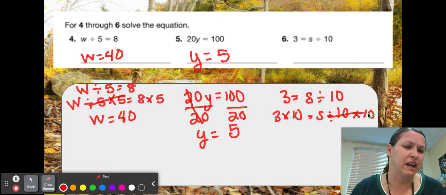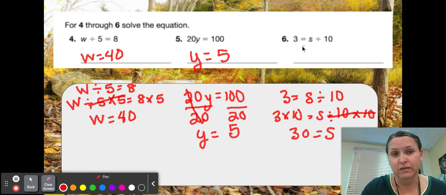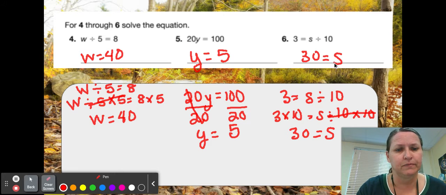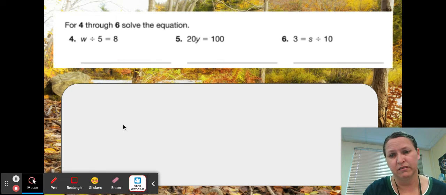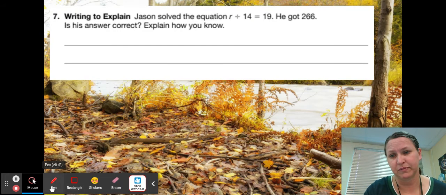If I divide by 10 and multiply by 10, it cancels itself out. So I have s right here. 3 times 10 gives me 30. So s equals 30. I hope this is starting to make a little bit of sense. Now, let's go to our next problem.